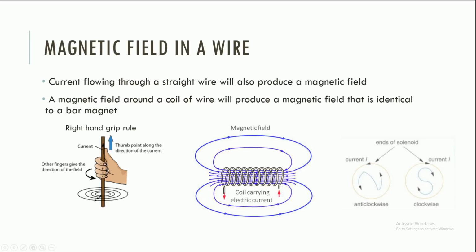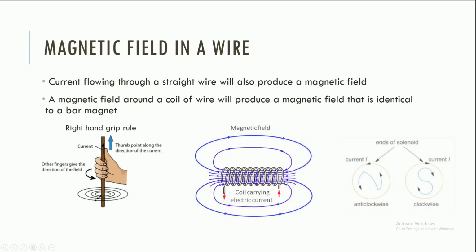Now, if you were to get a long wire and coil it up like this diagram in the middle here, then it will produce the magnetic field just like a bar magnet. So again, as we took a look at before, the horizontal lines in the middle is going from left to right here. Oh, sorry, right to left, going in that direction.